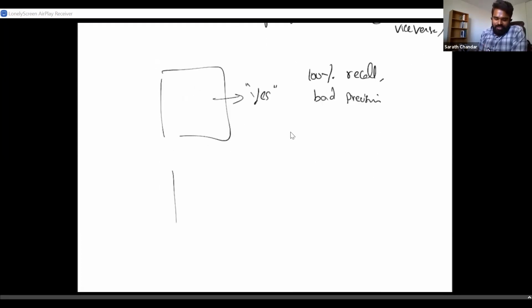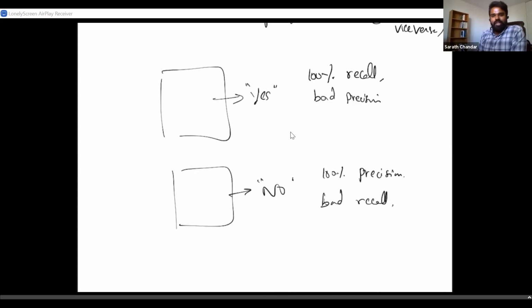Similarly, if I have a classifier which always says no, then this is going to have 100% precision, which is ironic because it never said yes. Whenever it says yes, it is precise, right? So it's 100% precision, but very bad recall. There is always this way to cheat and get high recall at the cost of low precision.